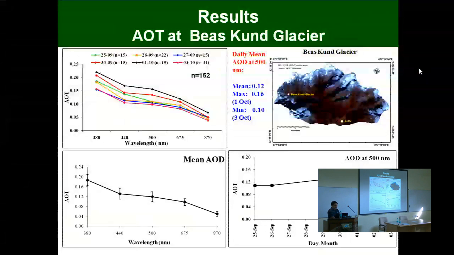As a result of AOD at Beas Glacier, the mean concentration at 500 nanometer is 0.2, the maximum is 0.16 on 1st October, and the minimum is found at 0.1 on 3rd October.